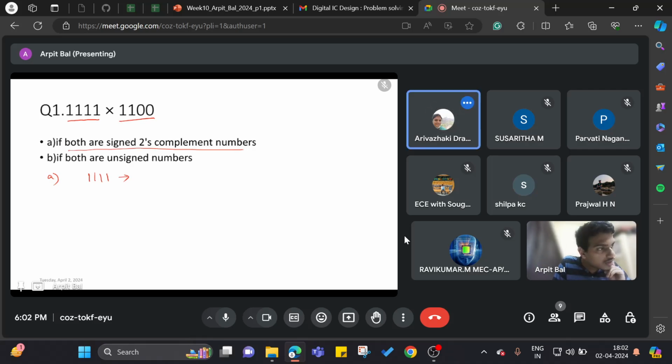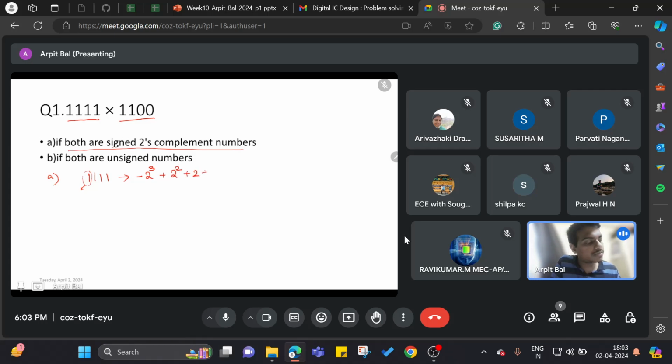Yeah, it is -1 actually. In the signed 2's complement representation, if we want to evaluate it, the MSB is going to have a negative sign, so we will have -2 to the power 3, plus 2 square plus 2 plus 1, that is -8 plus 4 plus 2 plus 1, that is -8 plus 7, that is going to be -1.